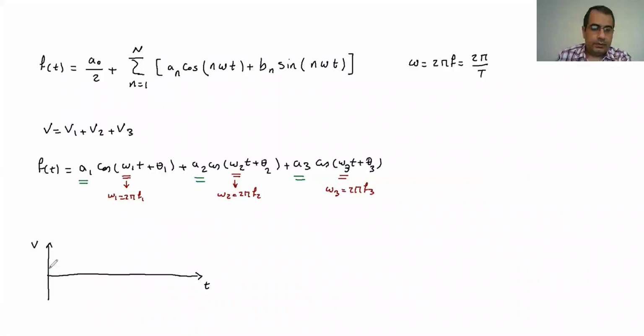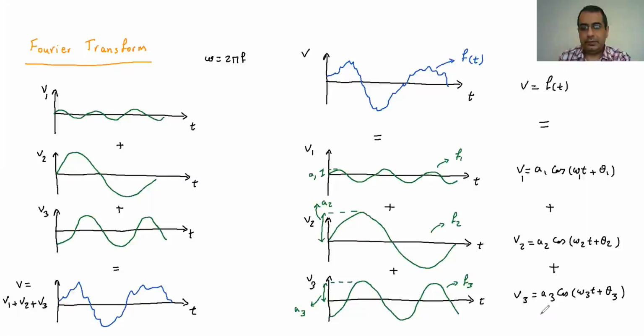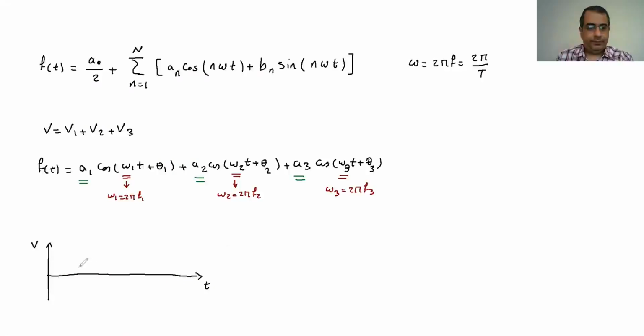So in the time domain, that's what I have. Does it look like it? No, doesn't look like it. So assume this is in the time domain, and hopefully it looks like the one that we had. So it's f of t.